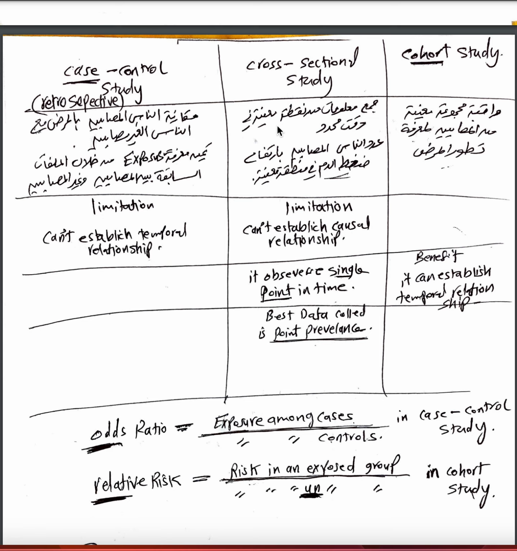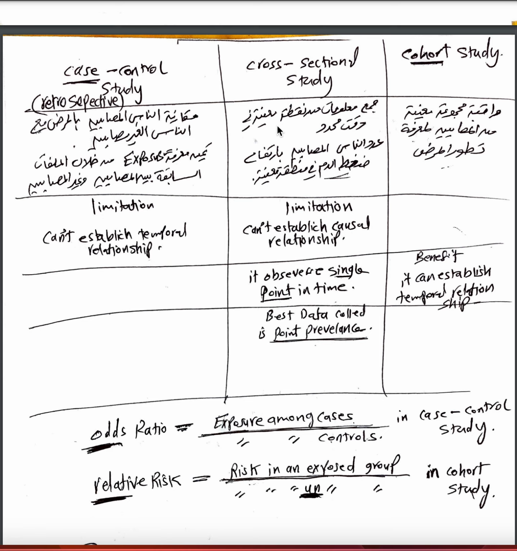One example: we have this city or this area, and we want to know how many people are affected by hypertension. We call this study a cross-sectional study because we focus on an area and want to know the people affected by hypertension at a certain time.